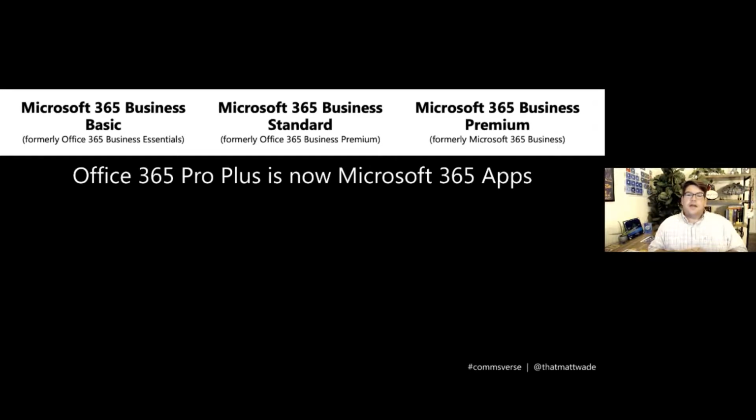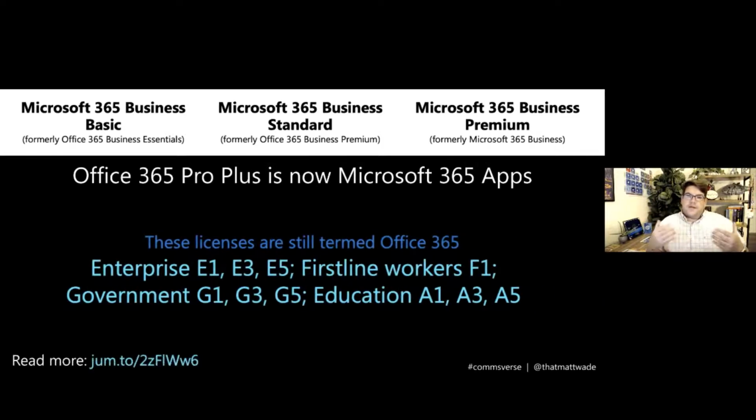These would be the licenses that are below Enterprise E, or Education A, or Government G, or First Line F. Those licenses have now become Microsoft 365 Business Basic, Business Standard, Business Premium, and Office 365 ProPlus, which is basically the installable version of Office as we've known it since probably the 90s, is now called Microsoft 365 Apps. That being said, the term is still Office 365 for enterprise, government, first line, and education.